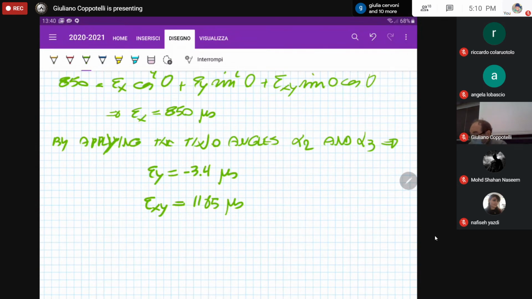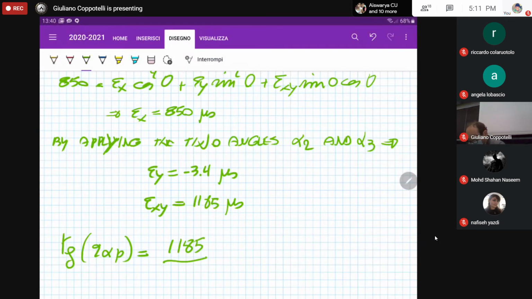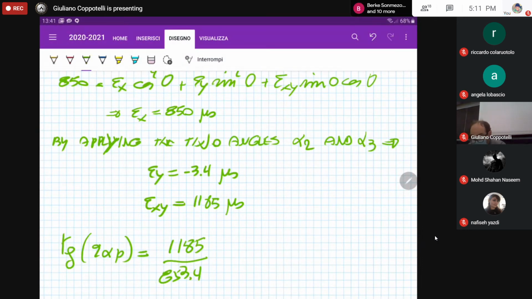Then, what is the direction of the principal reference frame for the strain? Let's solve tangent 2 alpha p equal to the ratio, as I told you before, so 1185 over 853.4. That is, sorry, epsilon x minus epsilon y, and that is equal to 1.39, to which corresponds a principal angle of about 27 degrees.